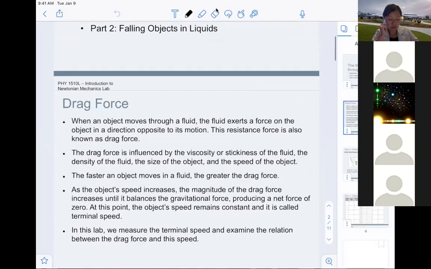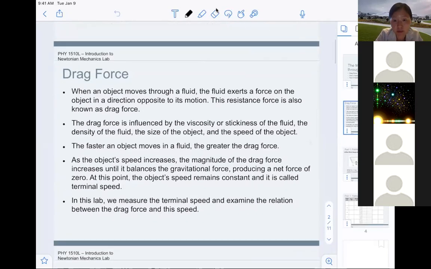When we drop something in the air, the drag force is often called air resistance. When an object moves in a fluid in a certain direction, it experiences a force acting in the opposite direction to its motion, and we call this resistance force a drag force.